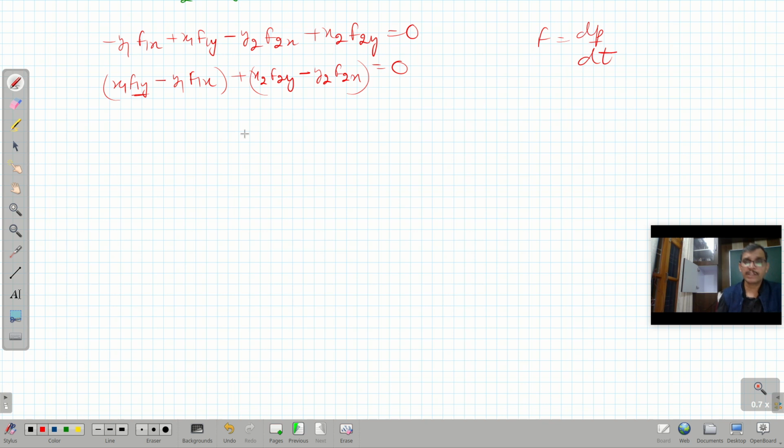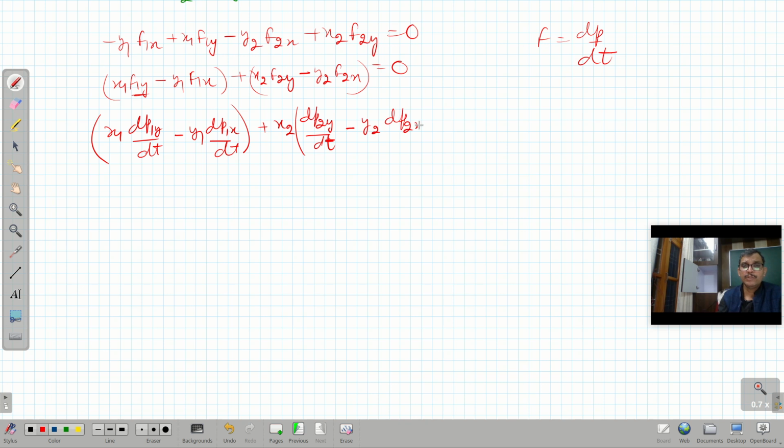So if this is rate of change of momentum, then how this can be written as, this is x1 dp1y over dt minus y1 dp1x over dt plus x2 dp2y over dt minus y2 dp2x over dt, this is equal to 0.